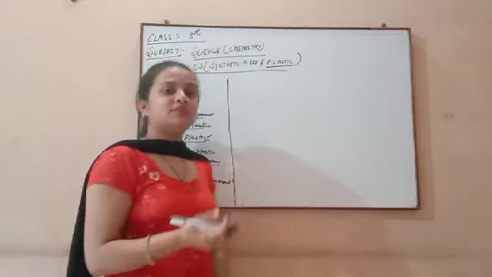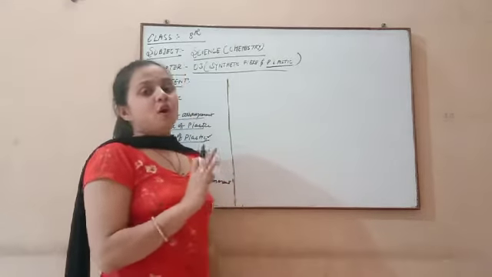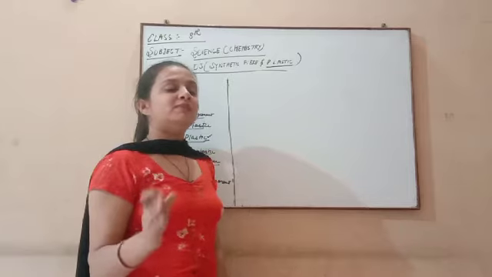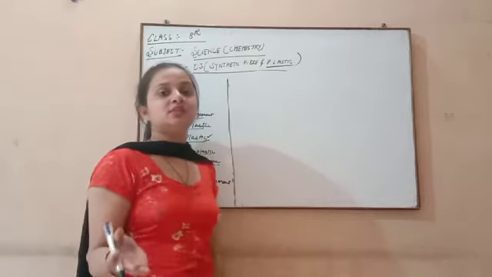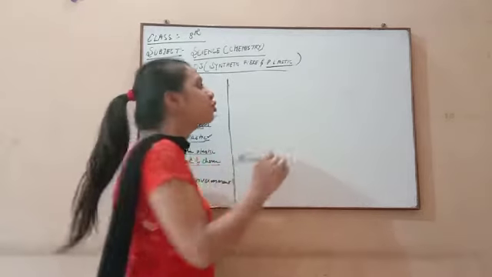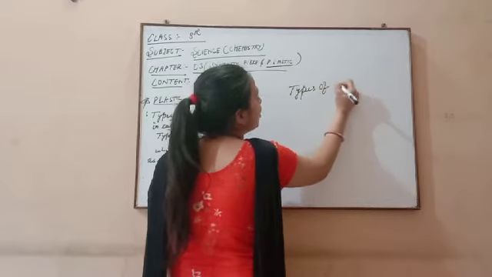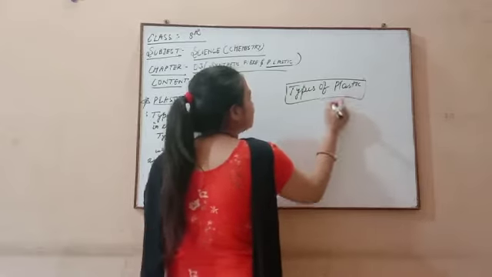On the basis of molding, means whether it can be bent easily into any form, whether its shape changes or not, bends or does not bend, plastics are of two main types.